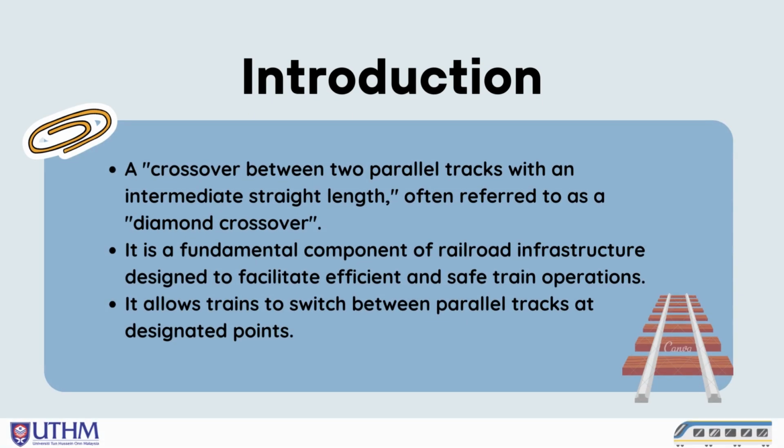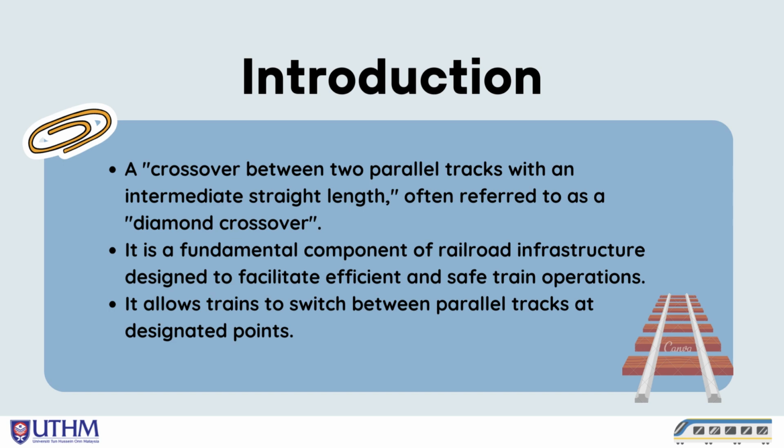So first I will be explaining about the introduction for crossover between two parallel tracks with an intermediate straight length. A crossover between two parallel tracks with an intermediate straight length is often referred to as a diamond crossover. It is a fundamental component of railroad infrastructure which is designed to facilitate efficient and safe train operations.